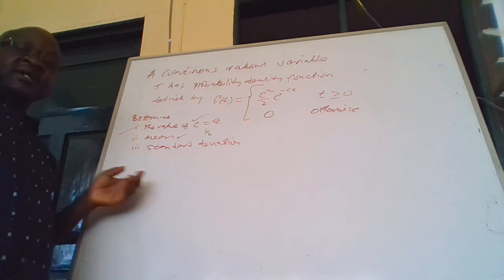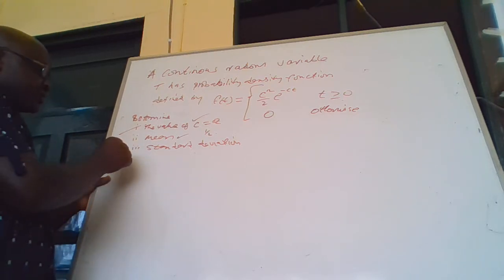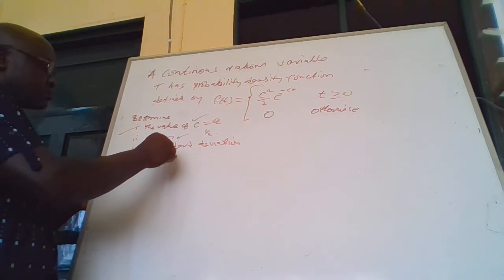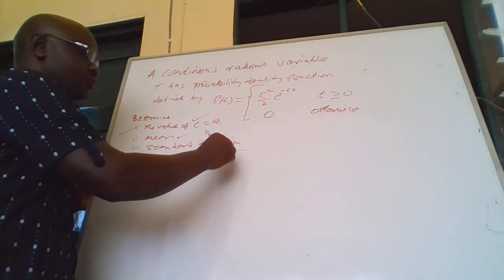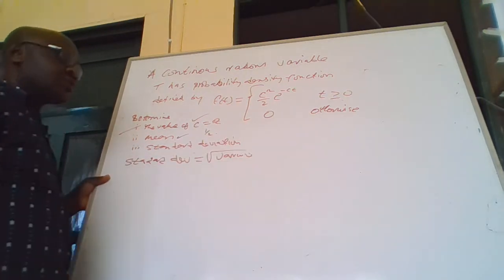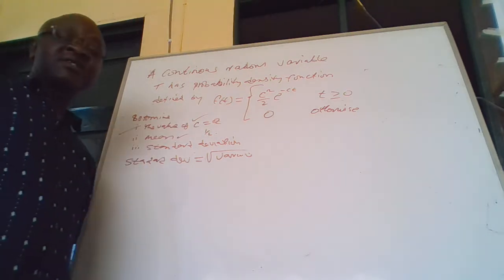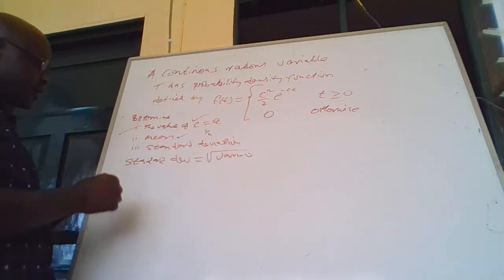Now we need to get the standard deviation. We know that standard deviation equals the square root of variance. Now we need to get the variance of this probability density function.